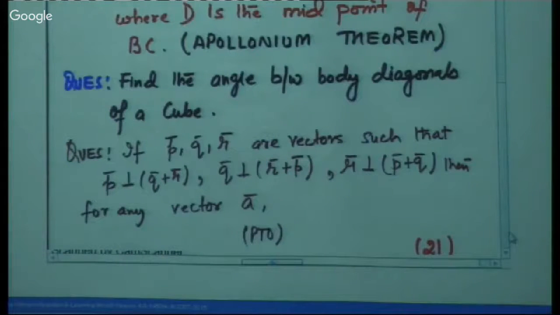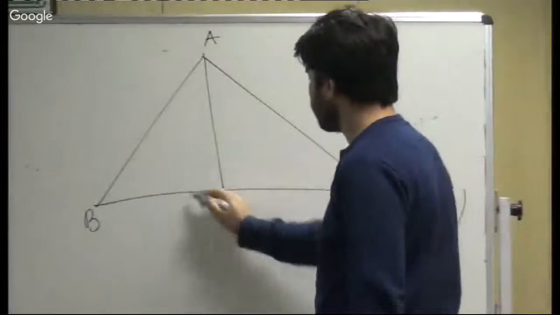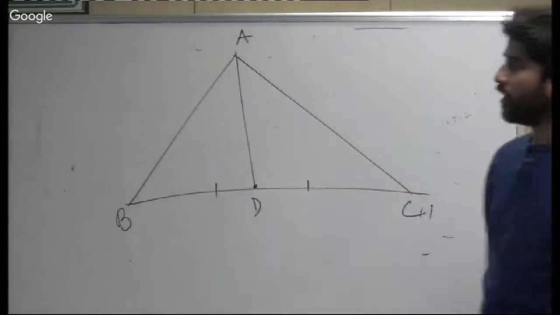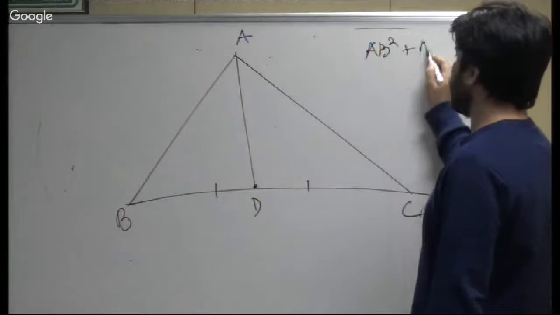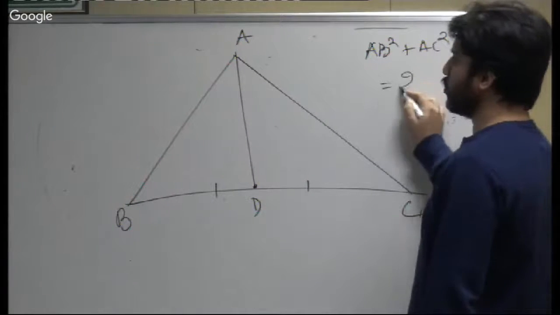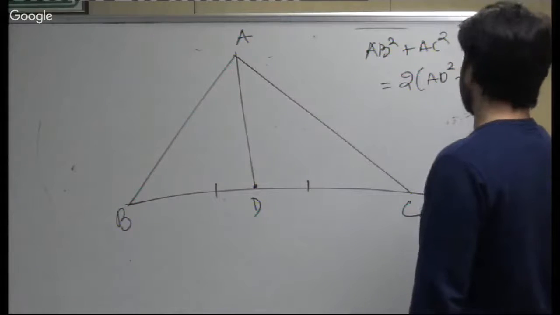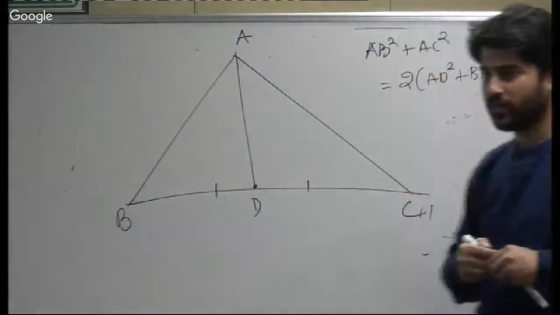You have a triangle ABC and D is the midpoint of BC, meaning AD is your median. Now the question is you have to prove that AB square plus AC square is equal to twice of AD square plus BD square. So this is the Apollonius theorem, and we have to prove this.